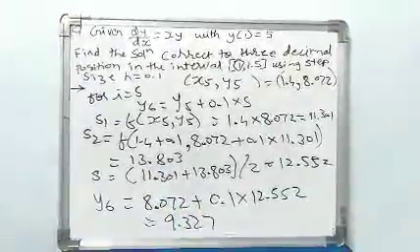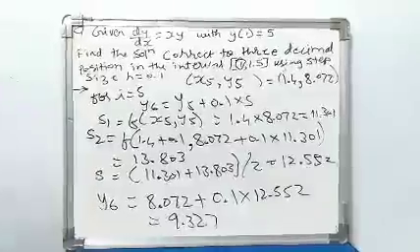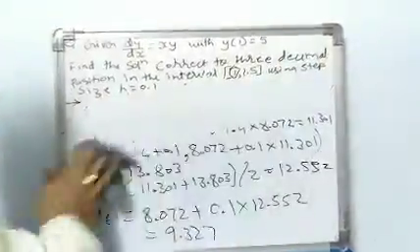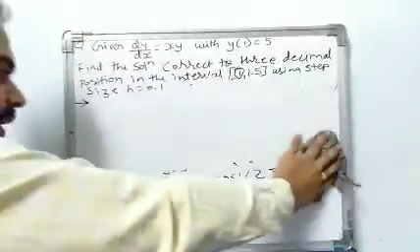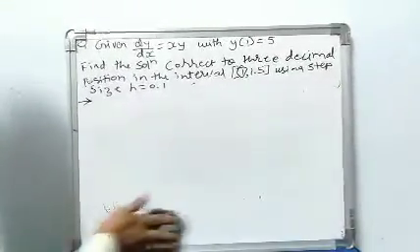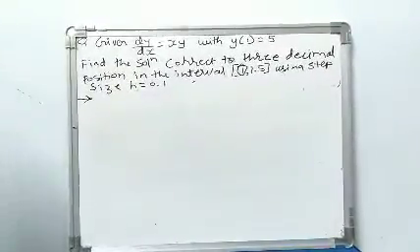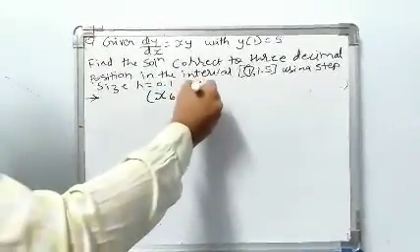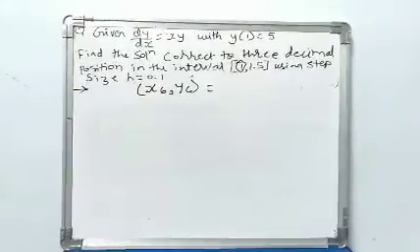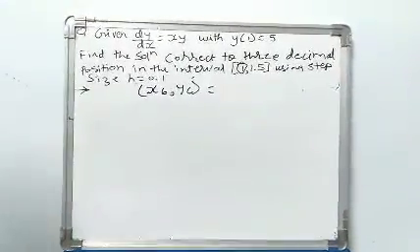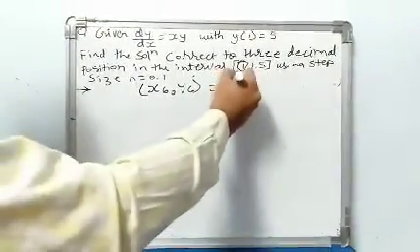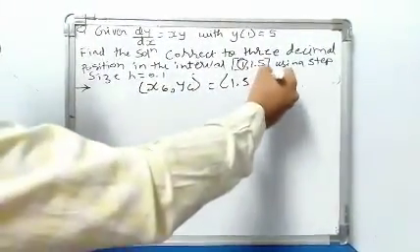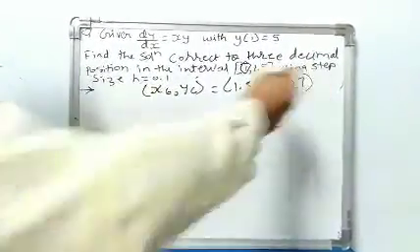So the final answer, we'll write it down: x6 comma y6 is equal to 1.5 comma 9.327.